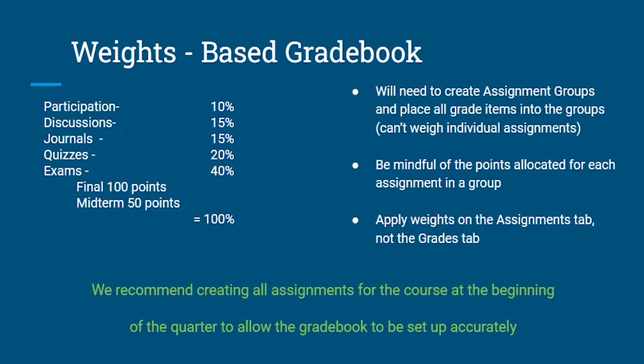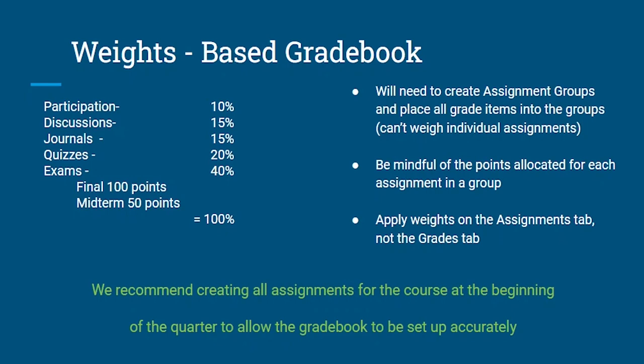For weight-based grading schemes, you'll need to create assignment groups and place individual grade items in those assignment groups. Within assignment groups, you can't weigh individual assignments. However, you can use the points of the individual assignments within an assignment group to reflect those weights.